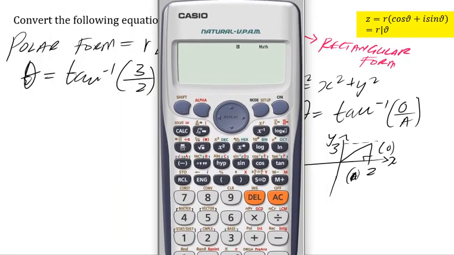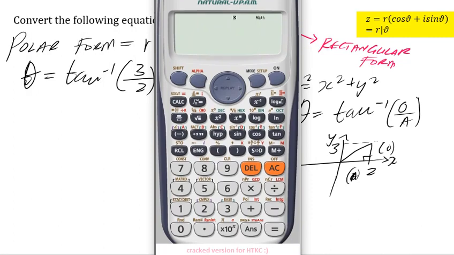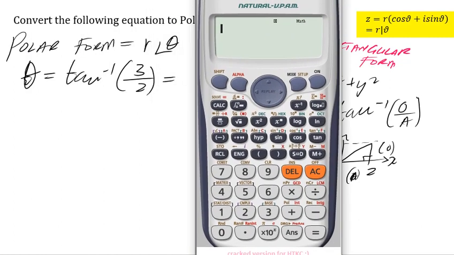If you go to your calculator, I prefer using a Casio. We're going to say shift arctan 3 over 2.